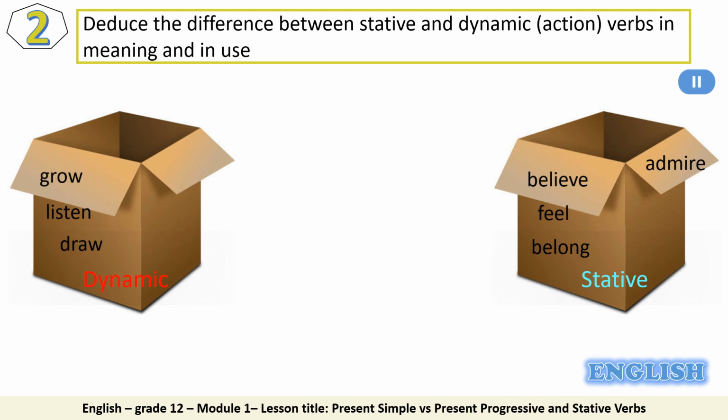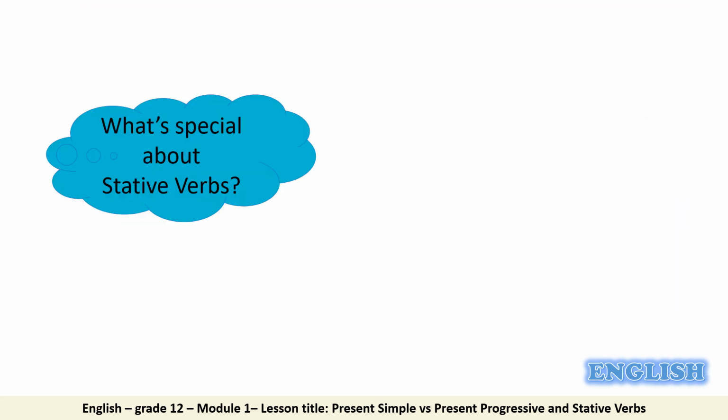Can you figure out the difference between a dynamic and a stative verb? Certainly yes. A dynamic verb expresses an action. It expresses the process of doing something. However, a stative verb expresses a state or a condition rather than an activity. What's special about stative verbs? Can you guess?